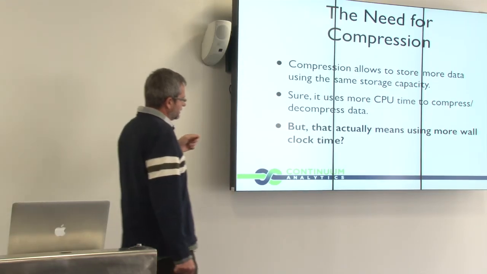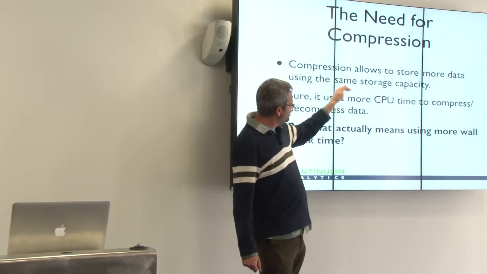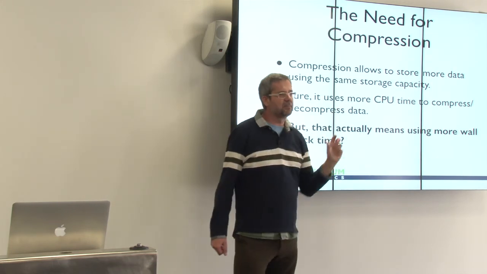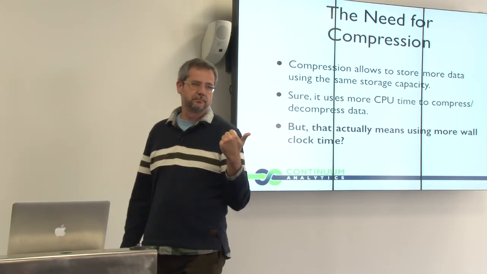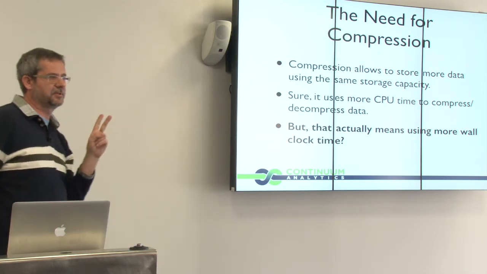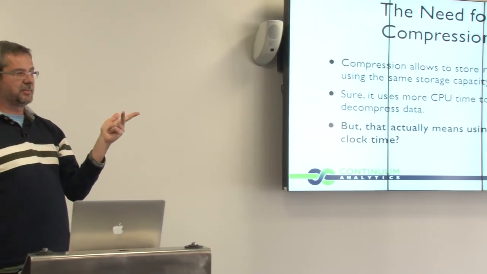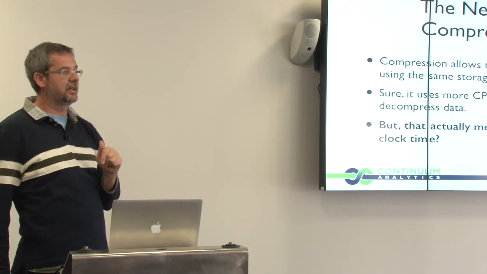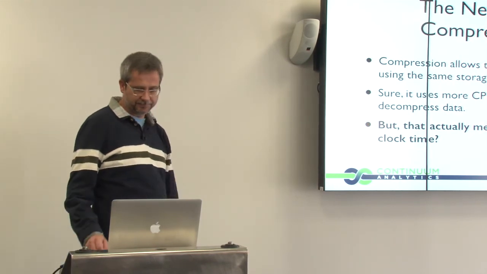But the question is whether using more CPU actually means more wall time. These are different concepts. You can use a lot of CPU, but maybe wall times are smaller.